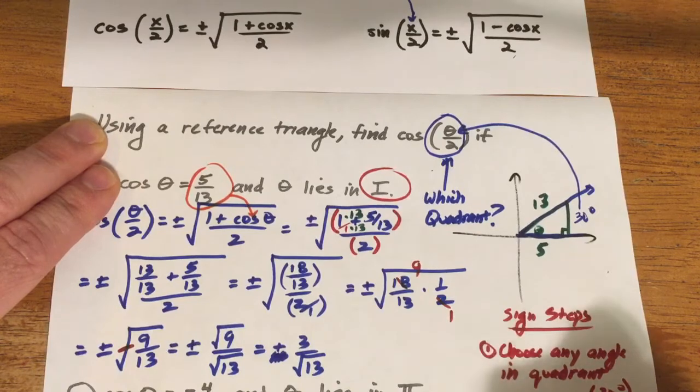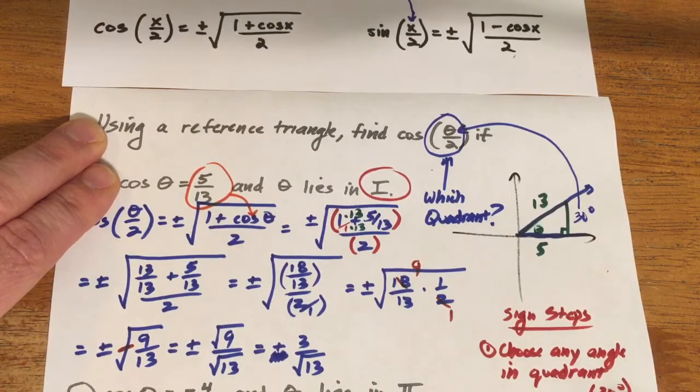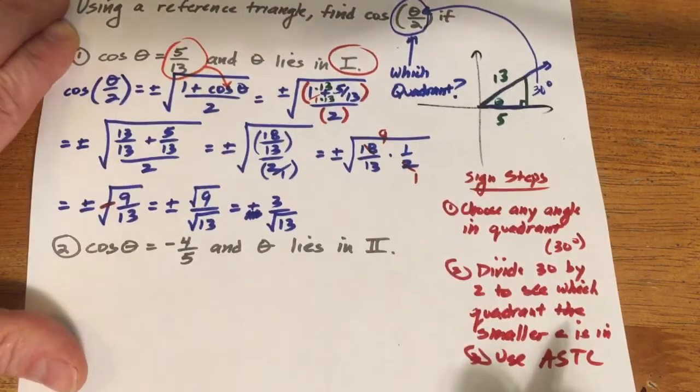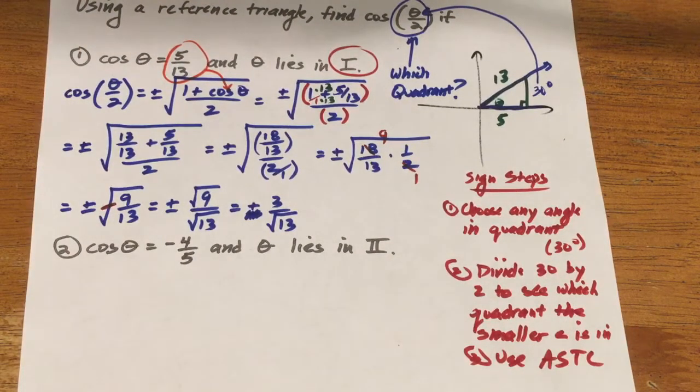So divide the angle by 2 to see which quadrant the smaller angle is in. And then we use All Students Take Calculus. So let me go ahead and move that up there so you can copy that down. Pause it, copy it down. After you get that copied down, I want you to try number 2 on your own, and then we'll go through that.